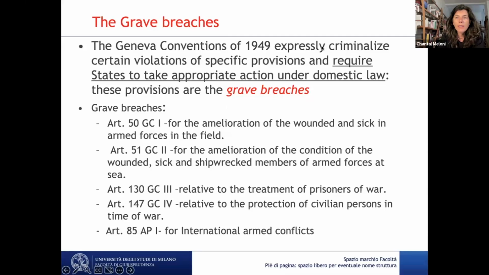So what does it mean that we have this kind of regime, the grave breaches regime? It means that certain violations, because they are particularly grave, require states to take appropriate action under domestic law.